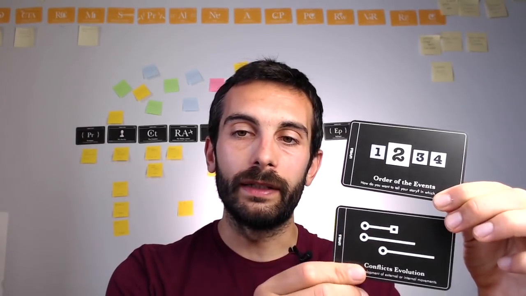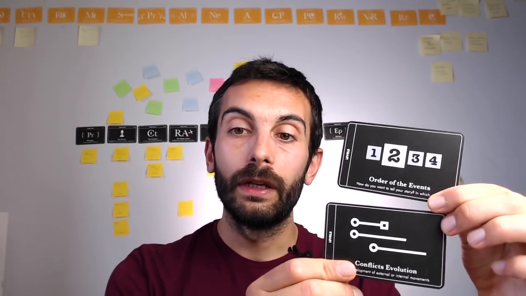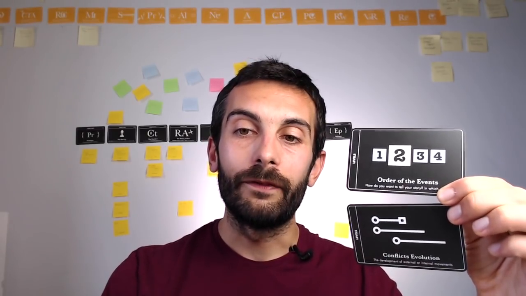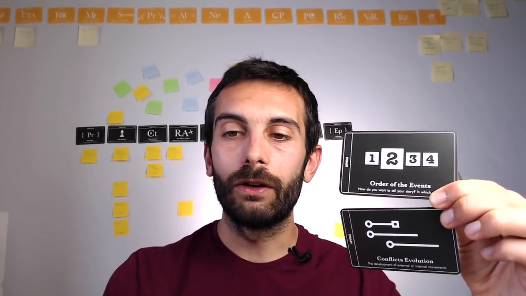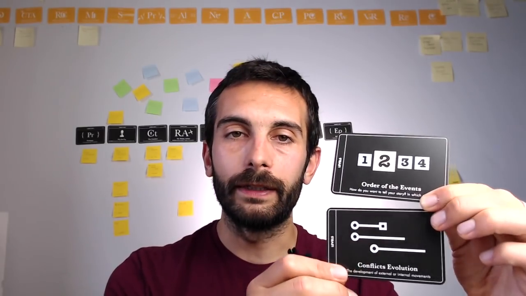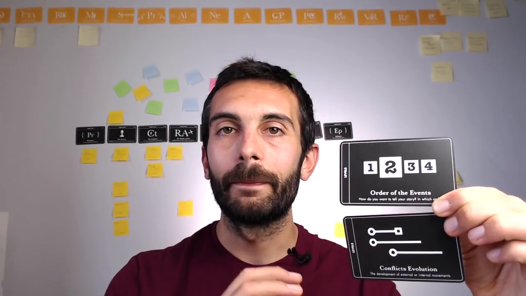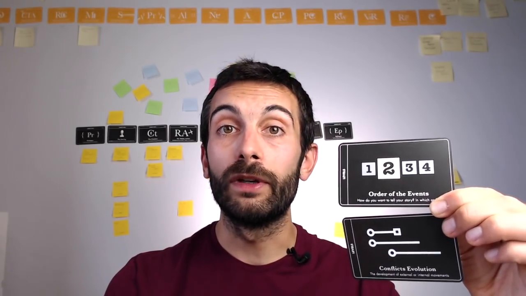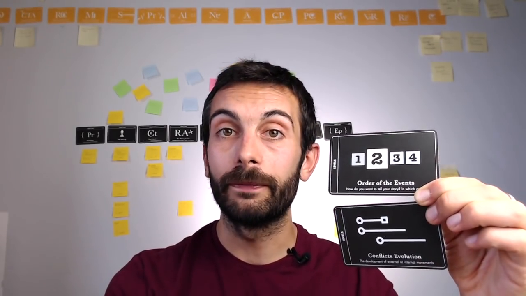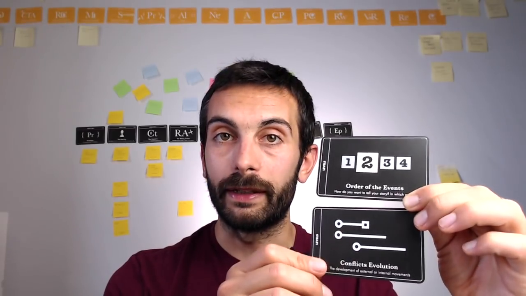And this one is a sort of bonus card. This one is for emphasizing the conflicts evolution. If we want to show at some point that a conflict between father and son is finishing, we can use this card.